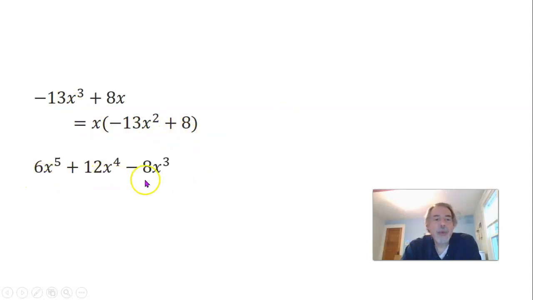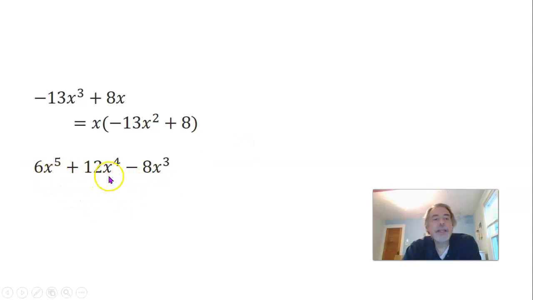And now here's one where the greatest common factor is going to have a number part and a variable part. Can you see what both of those parts are? What's the biggest number that is a factor of 6 and 12 and 8? Well, the biggest number that works for all 3 of those would be 2.